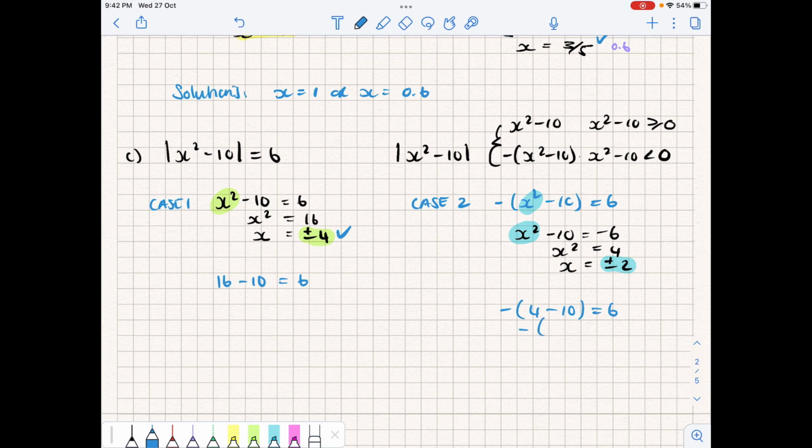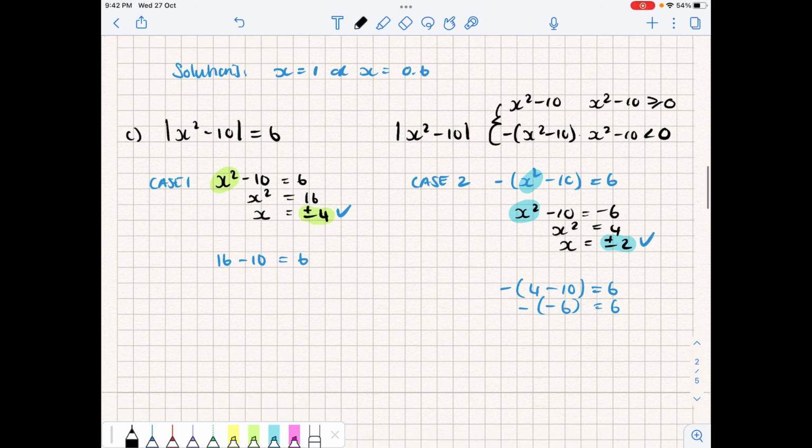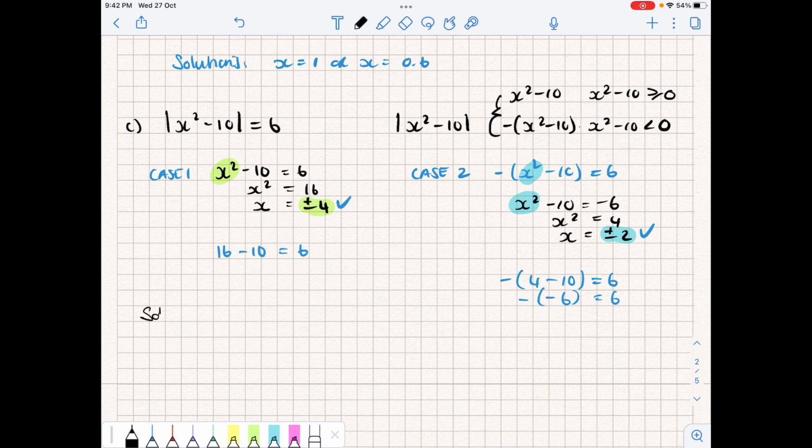So we get minus 6 equal to 6, which is 6 equal to 6. And so both my solutions are valid. Usually you would list your solutions in ascending order, from smallest to biggest. So x can be equal to negative 4, negative 2, positive 2, positive 4.